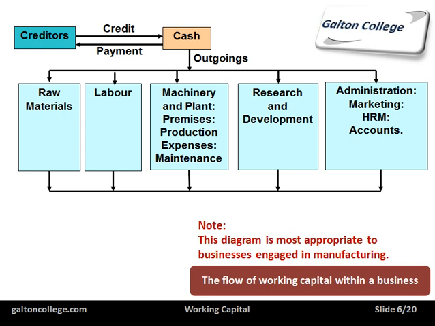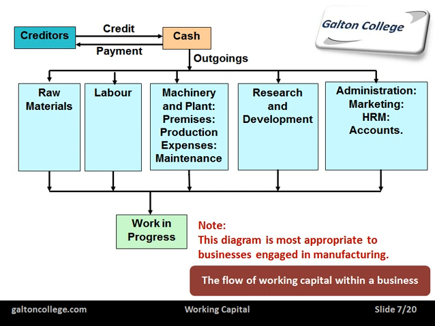It must be managed to ensure that amongst all of the outgoings for all the various requirements as listed here, raw materials, labour, research and development and so on, all of those have to be paid for. But the creditors must be paid for as well, and it all must be managed, it must be overseen to ensure that that happens. If it doesn't happen, the business is in trouble. The business could fold.